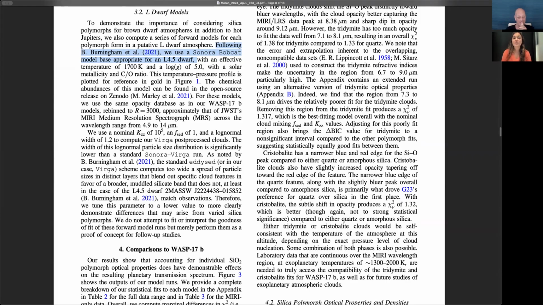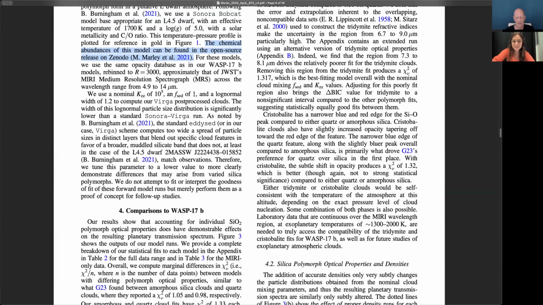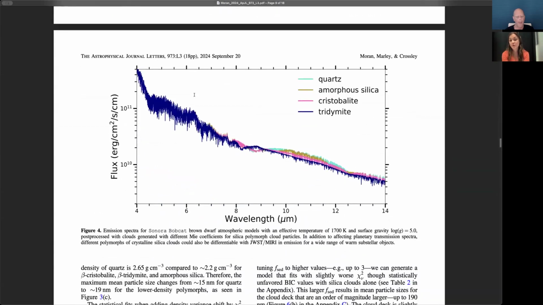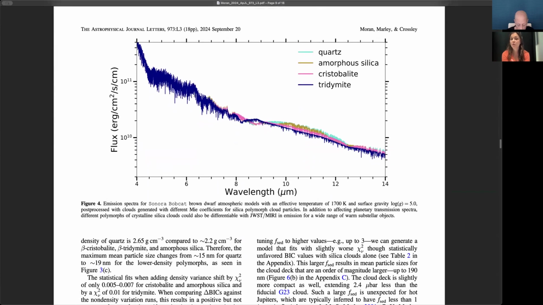Go get them. I did a similar thing where I just post-processed it with these different polymorph clouds using Virga coupled to Sonora. If we scroll down, we get to figure 4, and this is the results of that L-dwarf modeling.